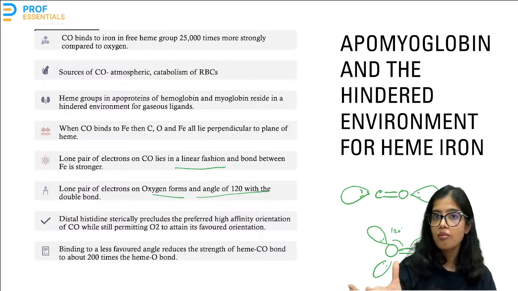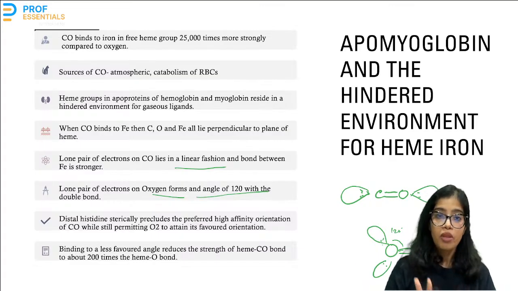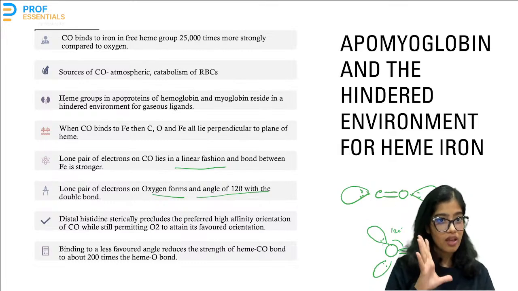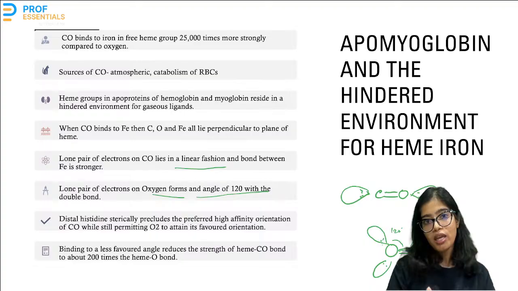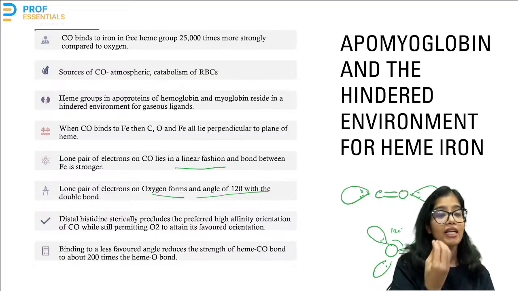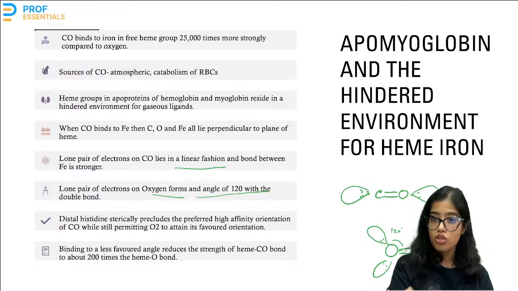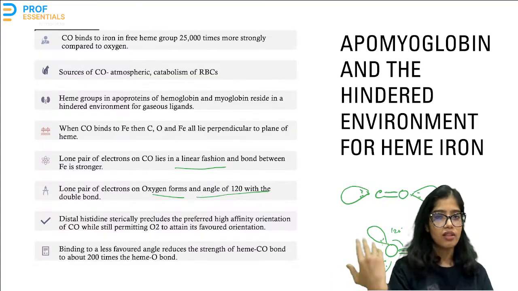Therefore, at normal concentrations of carbon monoxide, carboxyhemoglobin, hemoglobin combined with carbon monoxide, is not stable. Okay, but oxyhemoglobin is stable. Therefore, you may be wondering, we have carbon monoxide around us. It is a product of catabolism of RBCs. It is also a product of incomplete combustion of fossil fuels, always there in the environment.